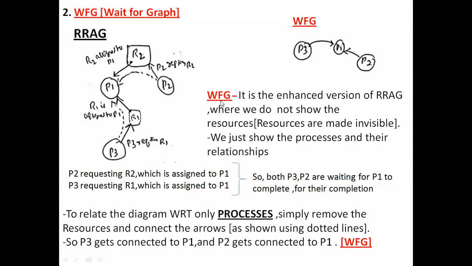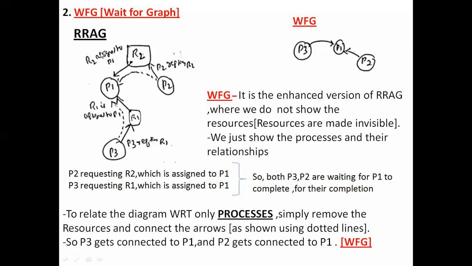This WFG, the wait for graph model, is the enhanced version of RRAG, the resource request and allocation graph, where we do not show the resources. As you can see in the wait for graph model, no resource is shown; resources are made invisible.